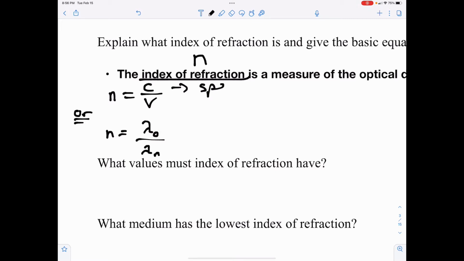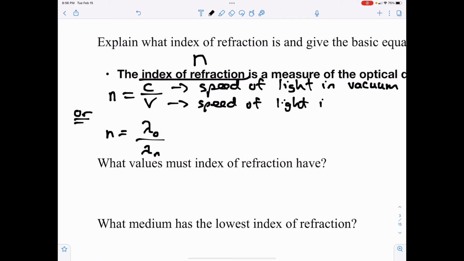c is the speed of light in a vacuum. v is the speed of light in a medium.